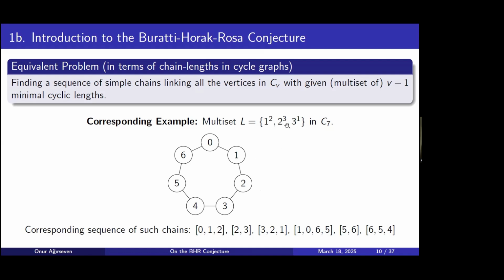And someone tells you the multiset, meaning that you want 2 of your trips to be only of length 1. 3 of your trips should be length 2, and 1 trip should be length 3. Can you, using those trip lengths, travel all the stations, visiting them all once? This is, of course, again, as I said, easy to describe to non-mathematicians.